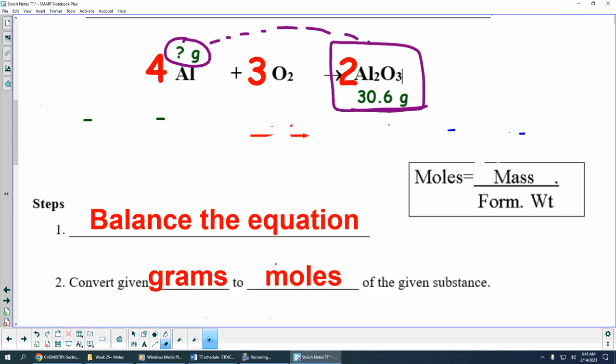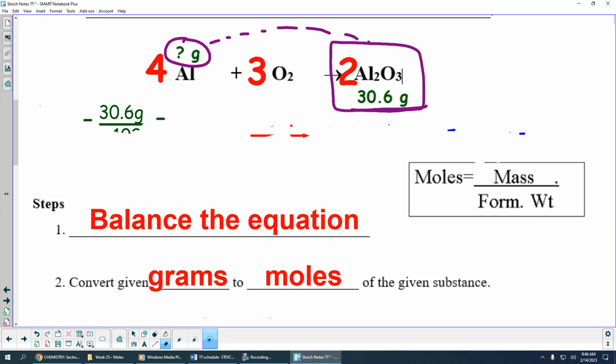I want 30.6 grams of aluminum oxide. Okay, so I'm going to take that number, 30.6, and we already figured out the formula weight of aluminum oxide. Which one of those 3 up there is the formula weight for aluminum oxide?